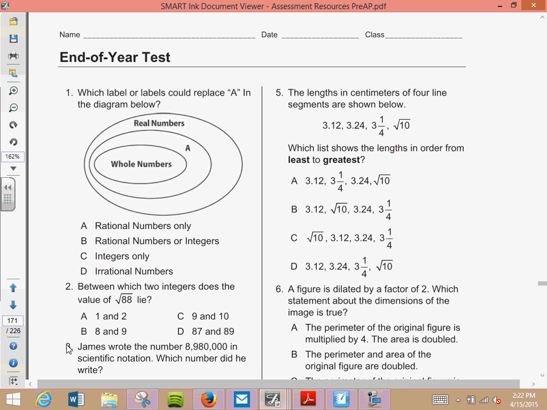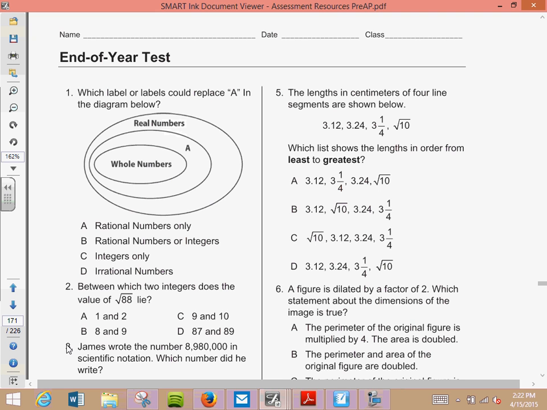Okay. The lengths in centimeters of four line segments are shown below. Which list shows them from least to greatest? You might have to do some calculations over here. Well, the square root of 10 needs calculations. You need to know exactly what it is. Careful. Least to greatest. 3.1?